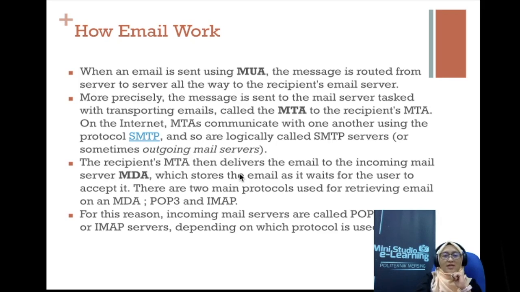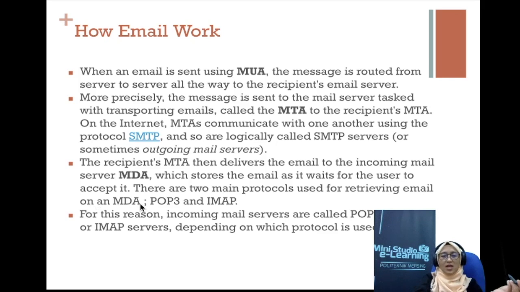Okay. Then the recipient's MTA delivers the email to the incoming mail server, which we call the MDA, which stores the email as it waits for the user to accept it. Then there are two main protocols we usually use for retrieving email.